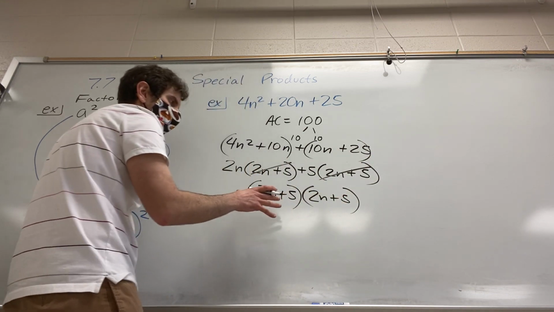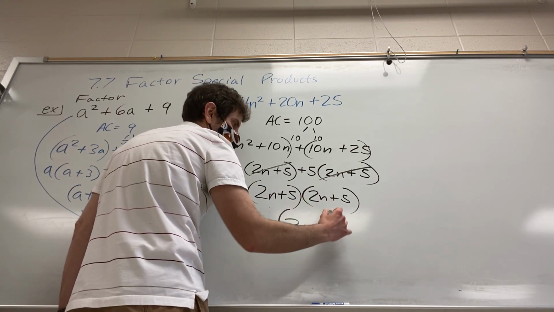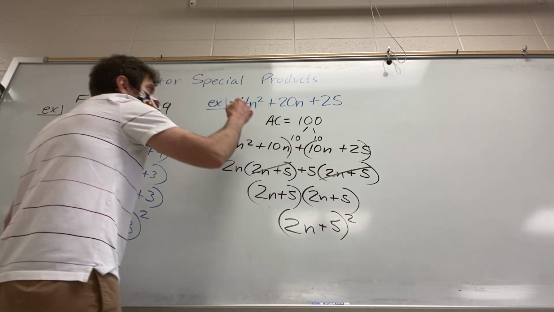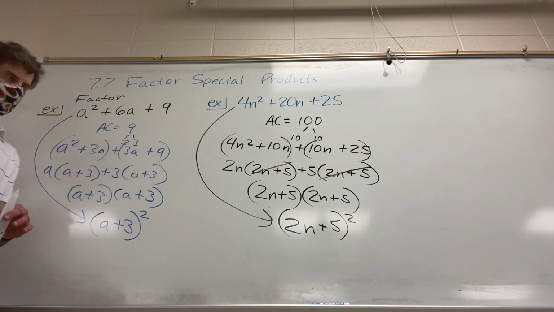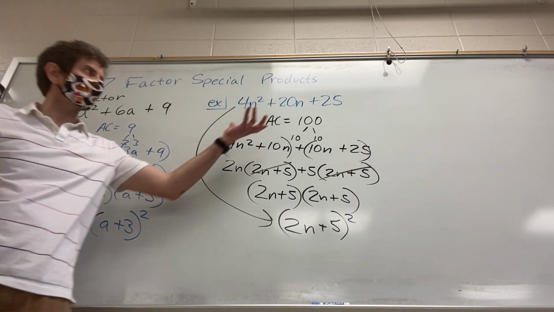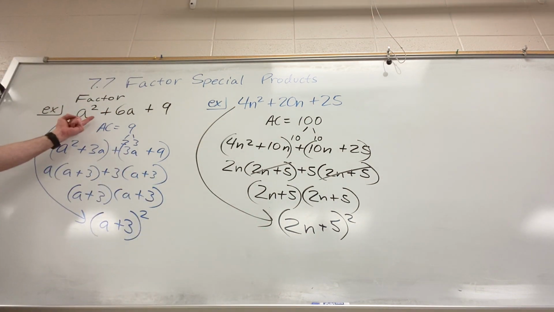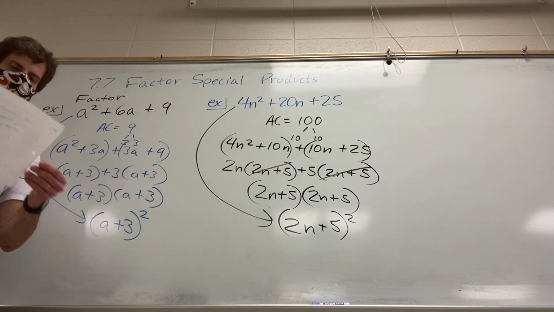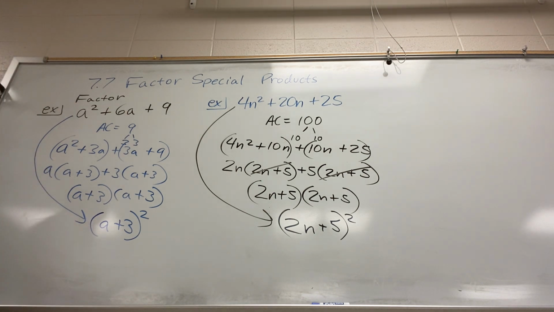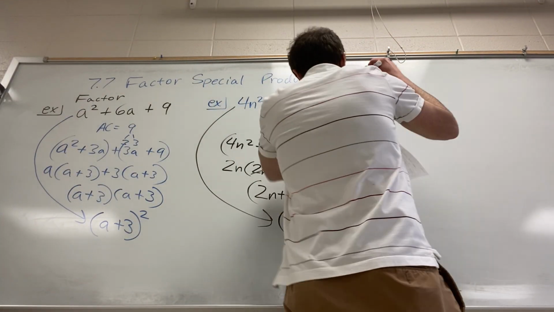If they both match, we're supposed to write it as 2n plus 5 squared. Okay, so there's a pattern. We could skip all that work if only we knew the pattern. Anybody think they got it? No? Okay, let's try another one.